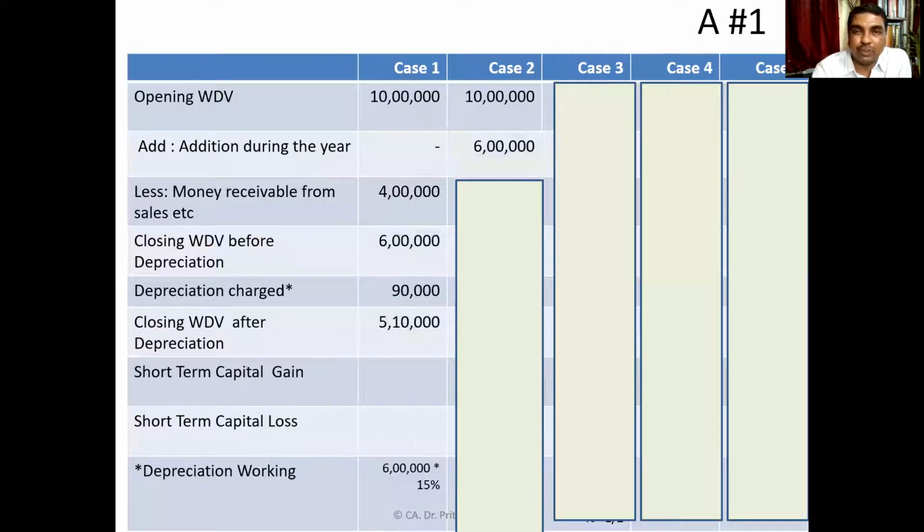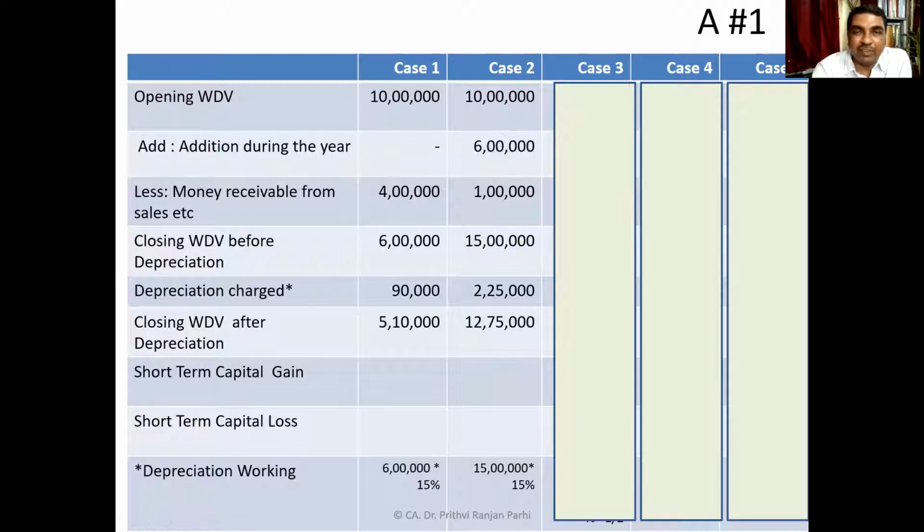Case 1 is over. In case 2, opening WDV is 10 lakh, given in the question. Addition is 6 lakh rupees. Money receivable from sales is 1 lakh rupees. This is added, this is sold. Closing WDV is 10 lakh plus 6 lakh minus 1 lakh. It comes to 15 lakh. Depreciation is charged on this entire 15 lakh at 15%, that is 2 lakh 25,000.